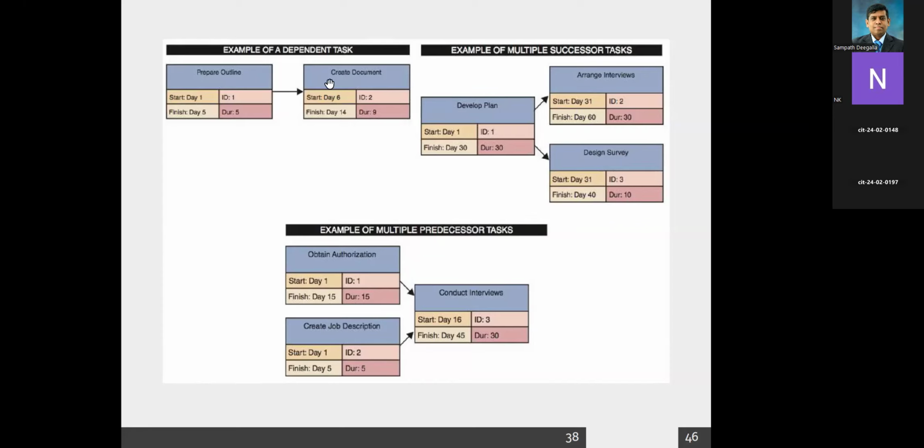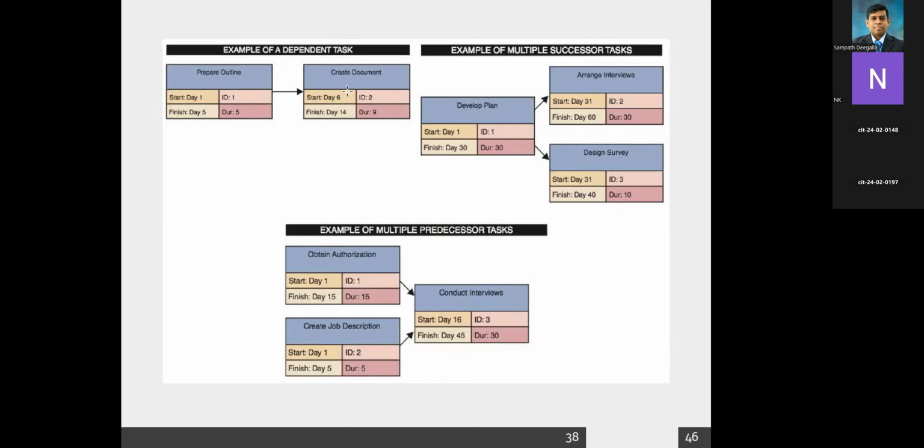What you mean by this is, to start create document, you have to first finish the previous one. That's why you see a dependent task. Once you finish day number 5, it starts with day number 6 and takes 9 days. So it finishes by day number 14. Right? So I hope you got the idea.